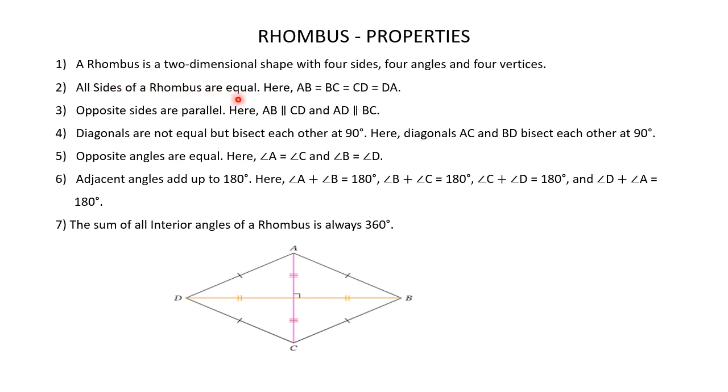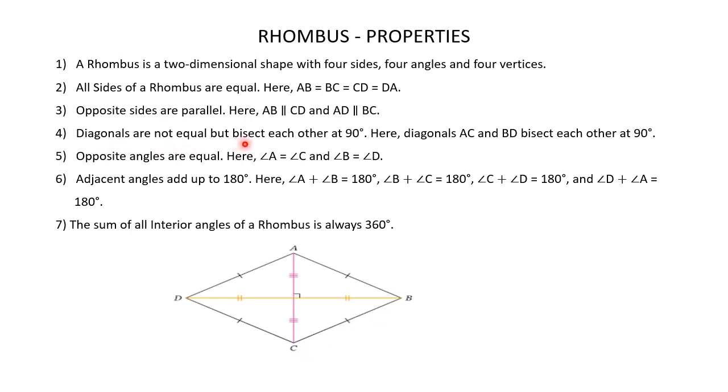All sides of a rhombus are equal. This means here AB is equal to BC is equal to CD is equal to DA. Opposite sides are parallel. This means here AB is parallel to CD, AD is parallel to BC.